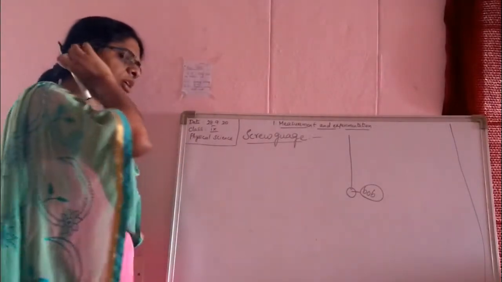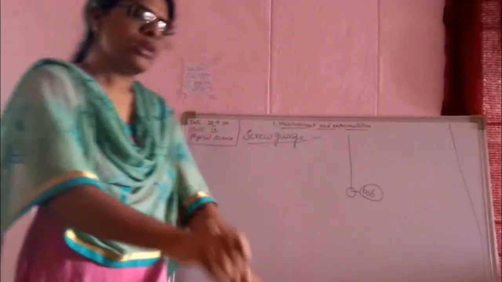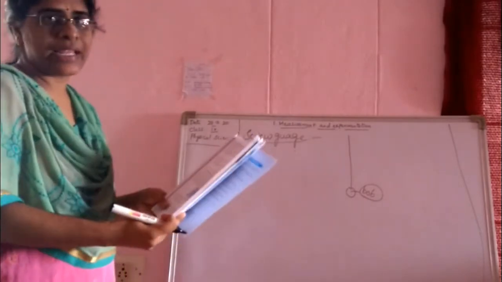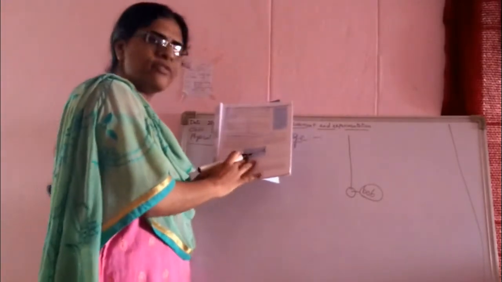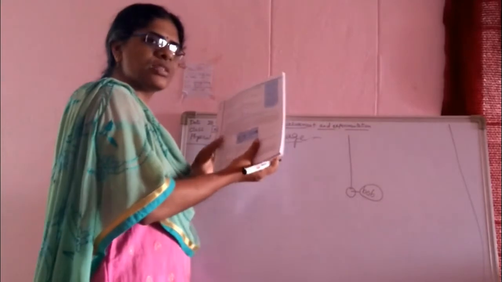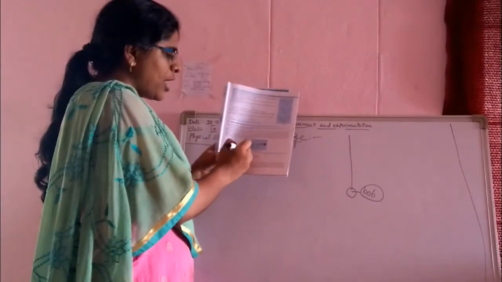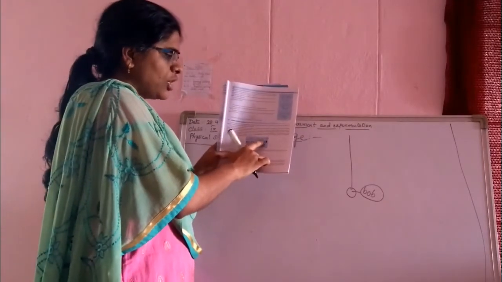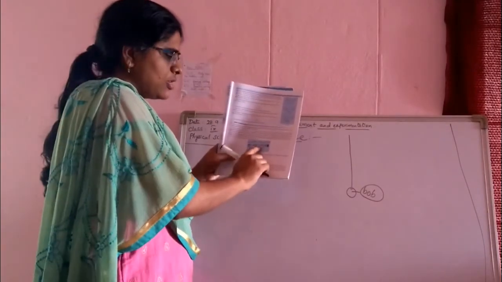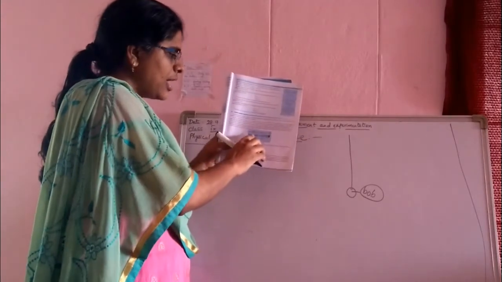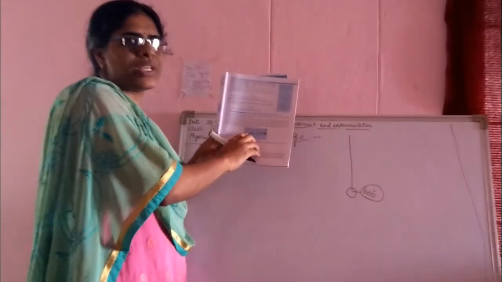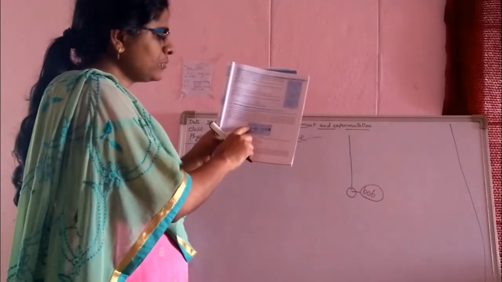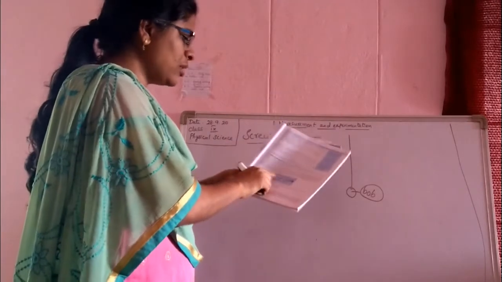Now, similar to your vernier calipers, if you want to see, you have a figure in your textbook, page number 9. Similarly to the vernier calipers, you have a U-shaped metallic structure. To that you have a head scale. This is called the head scale, and there will be studs in between the U-shaped frame.